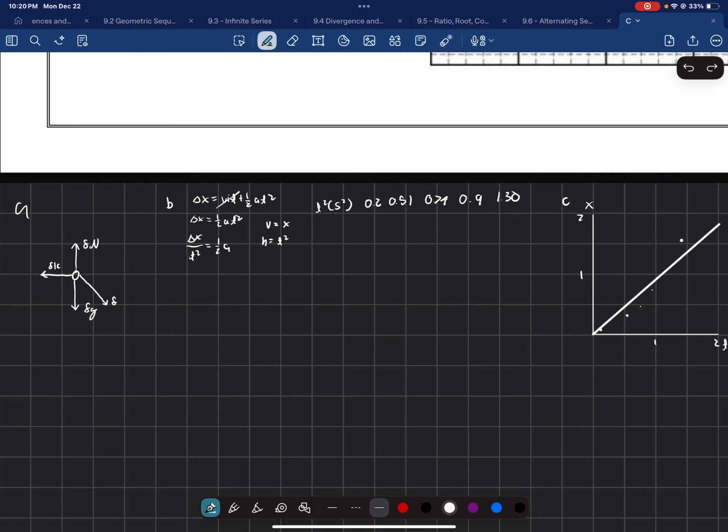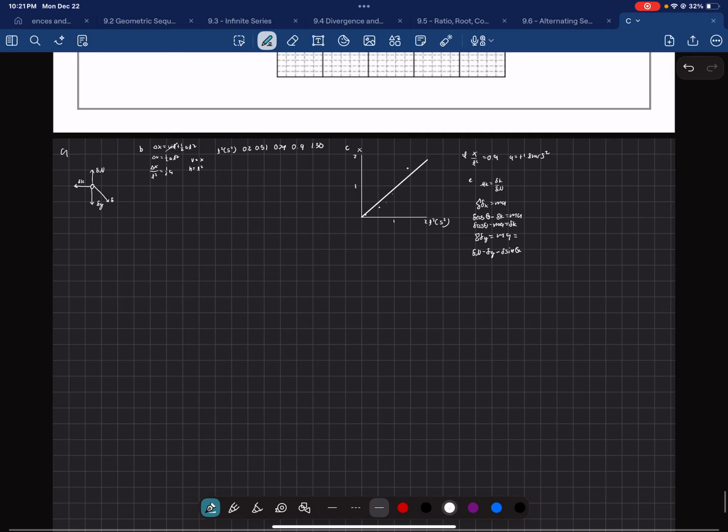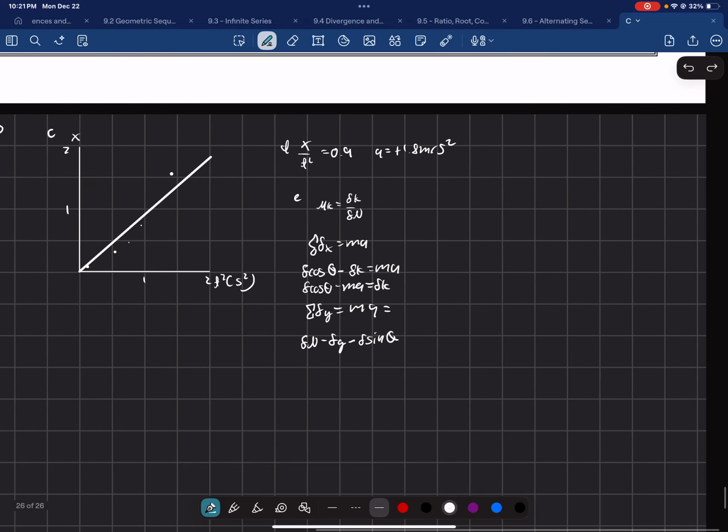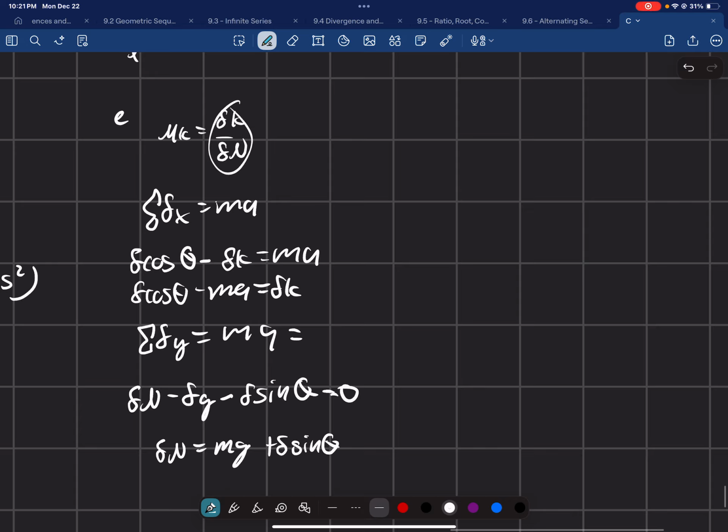So F_N is resisted by F_g, minus F_g minus F sine theta, and this equals 0. Isolating F_N, it can be rewritten as mg plus F sine theta, and now we plug it back into this formula here.